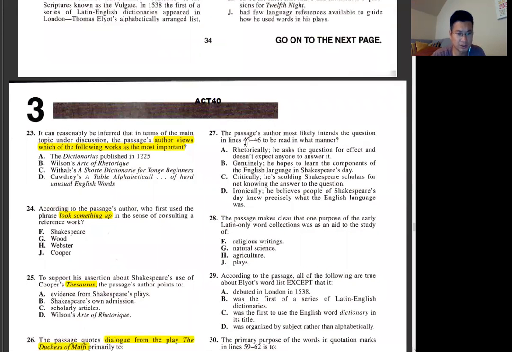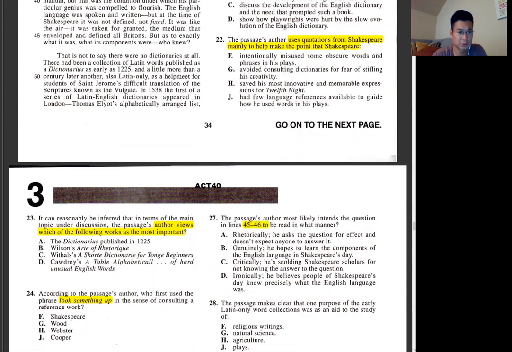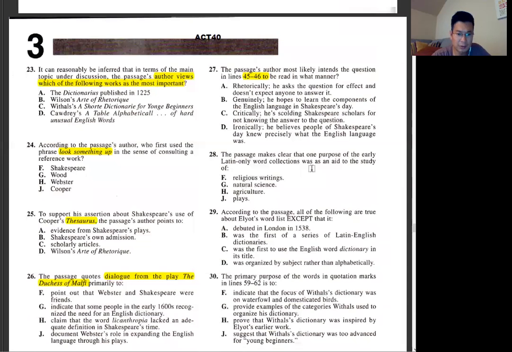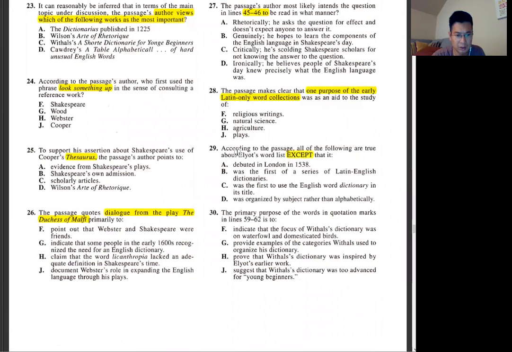And then 27, the author intended the question. 45, 46, go to 45, 46, we put 27 here. And then 28, to make clear one purpose of early Latin-only word collections. And then Eliot's word list except. And the primary purpose.